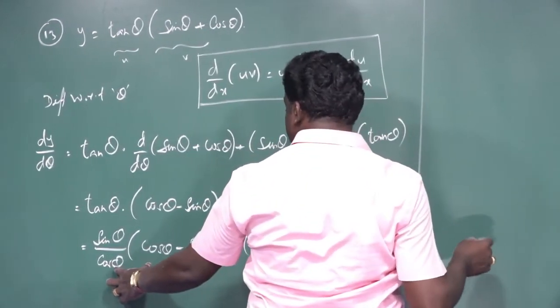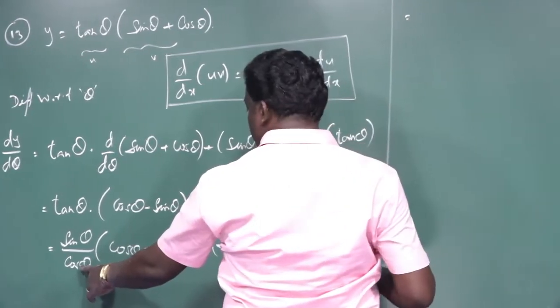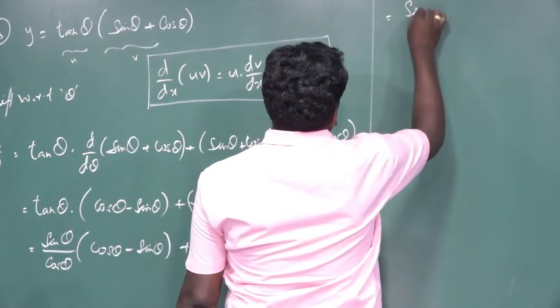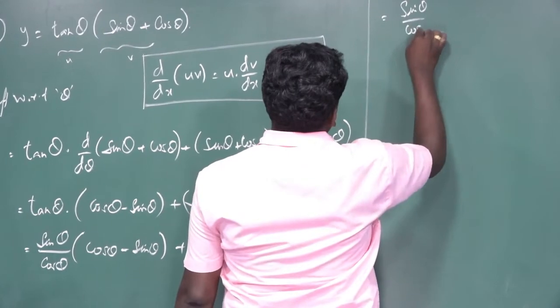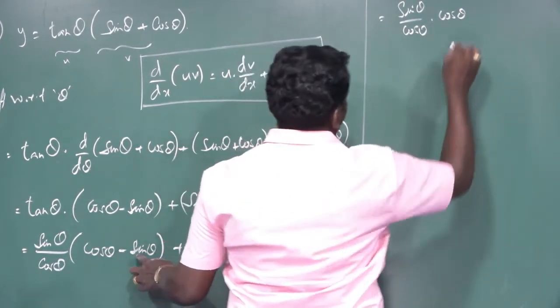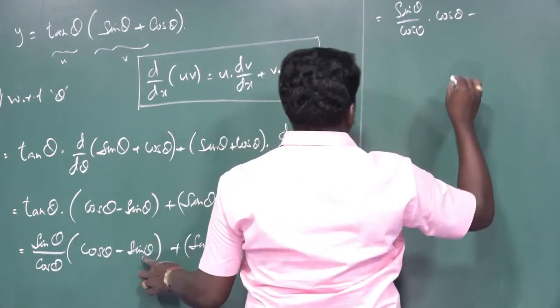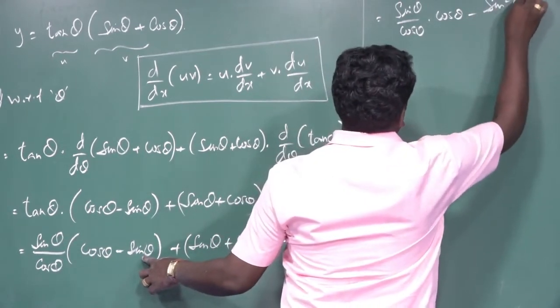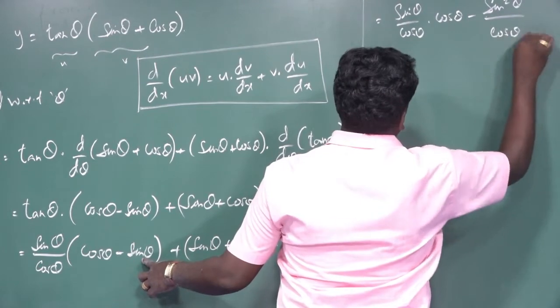The first one: multiplying, we get sin theta by cos theta times cos theta for the first term. Again, multiply minus sin theta into sin square theta by cos theta.